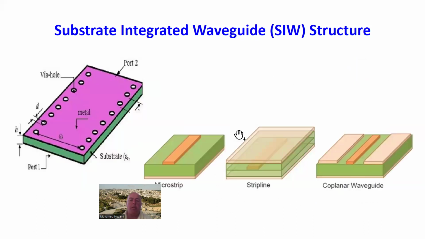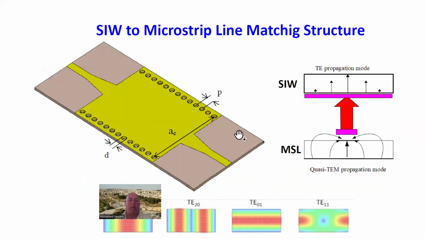And the transition, as I will detail in a minute, here it is. Here's a little illustration of a section of a substrate integrated waveguide, where on each side we have implemented a microstrip line transition.